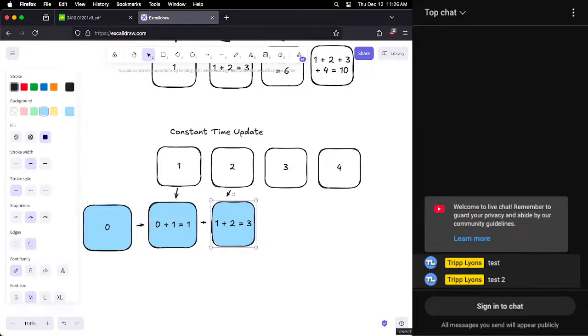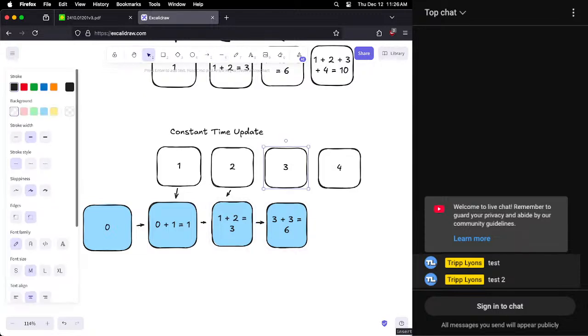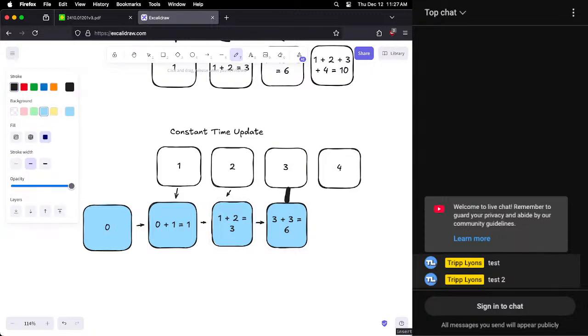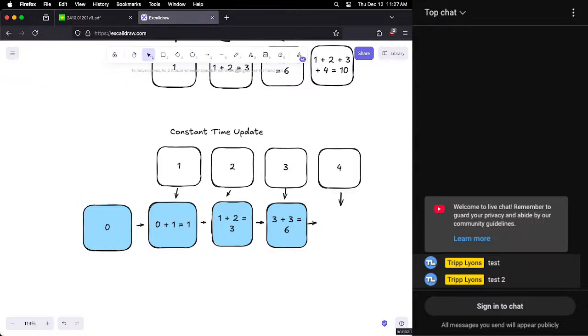And then that's smaller. Now I have 3 here, and we have another 3. So we have 3 plus 3 equals 6. And then 6 plus 4 is going to be 10.